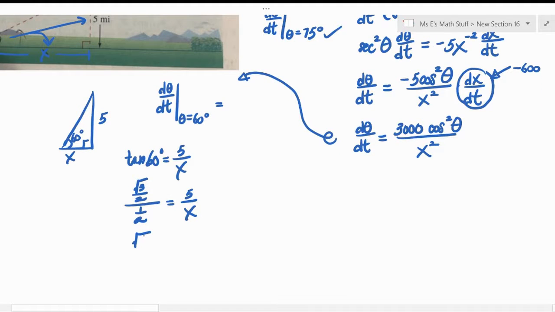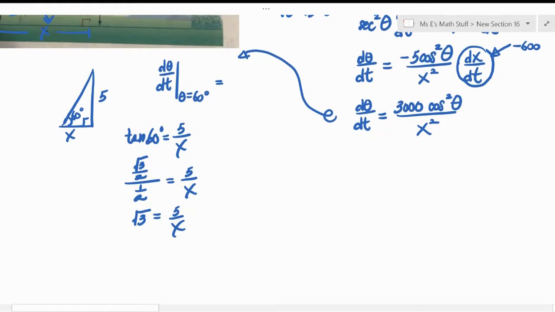And then solving for x, you could multiply by x and divide by root 3. Sooner or later, you'd end up with that. You could always rationalize that denominator as well. So that would be your x value.